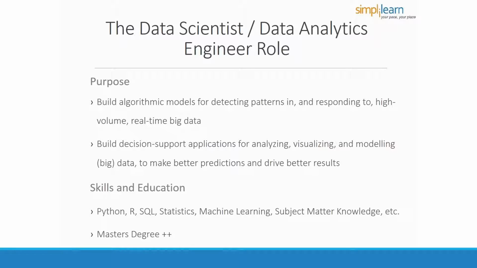These professionals are building decision support applications for analyzing, visualizing, and modeling big data to make better predictions and drive better results. Most of the position descriptions out there are now asking for a master's degree plus, and of course, skills in Python, SQL, statistics, machine learning, and a strong subject matter expertise.